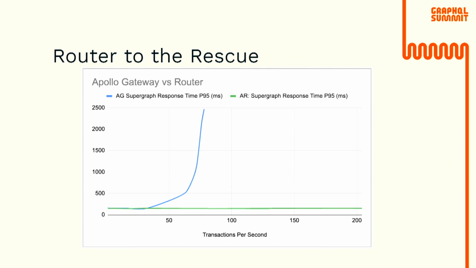And it went all the way to around 70 requests per second in this benchmark testing. But from 40 onwards, the response time increased. It went all the way to 2.5 seconds, from 100 milliseconds to 2,500 milliseconds.